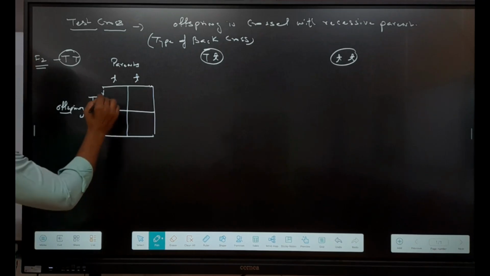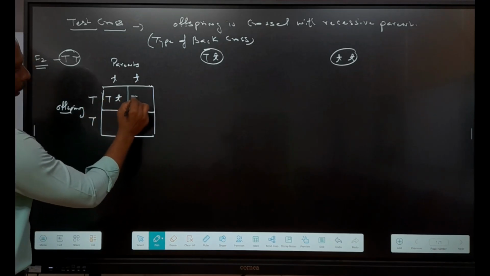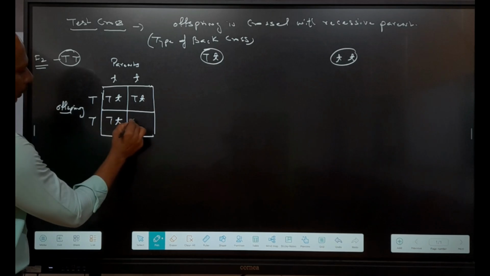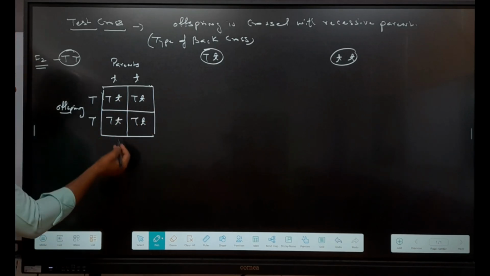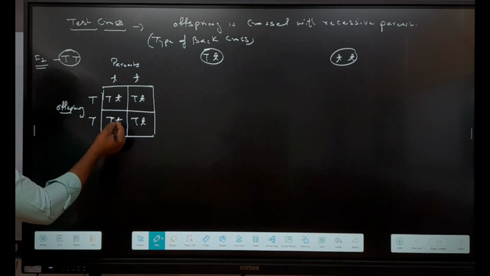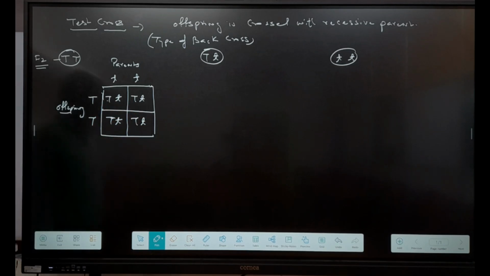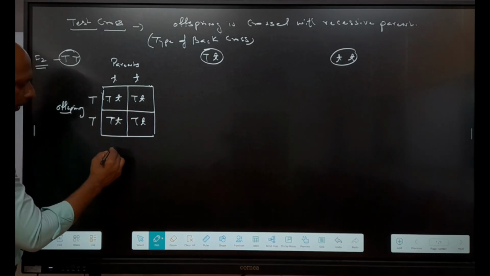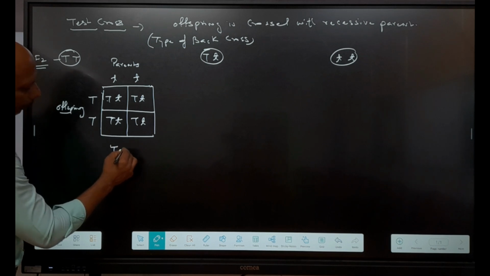Now in this first case, what happens? We get capital T small t, capital T small t, capital T small t, and capital T small t. We can understand here that in all cases, capital T is present, the dominant trait is present. So all the plants are tall plants.